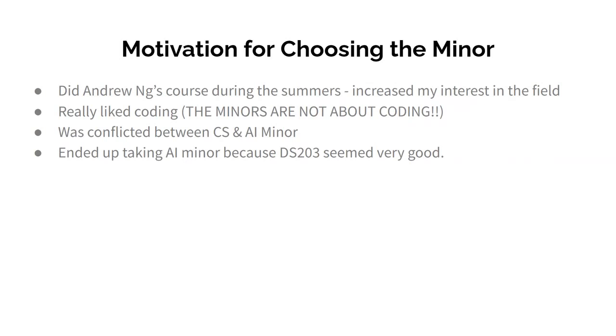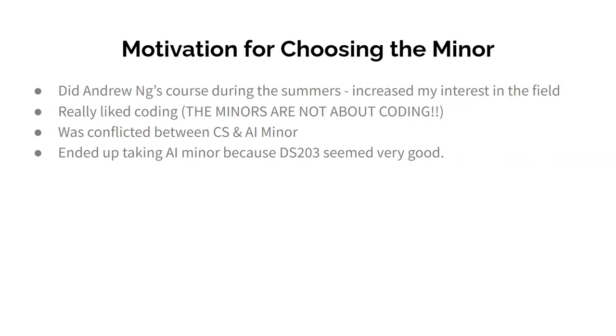During my year, the CS courses being offered were Logic CS228 and Computer Network CS224. And there was this course DS203, Programming for Data Sciences, offered during the autumn semester of my second year. I was really conflicted as to what to choose.